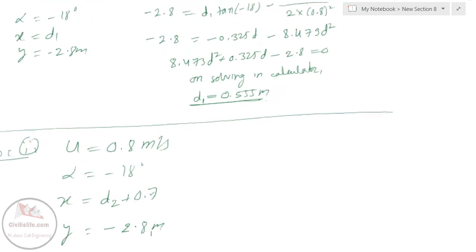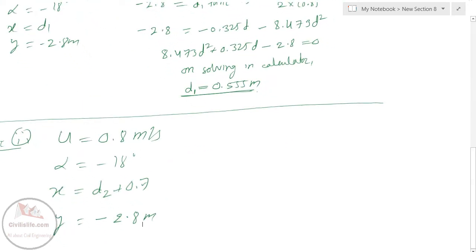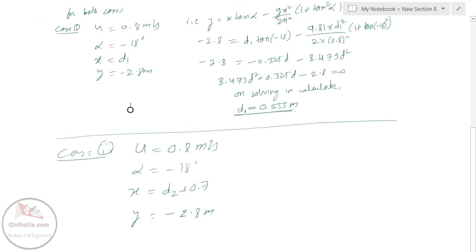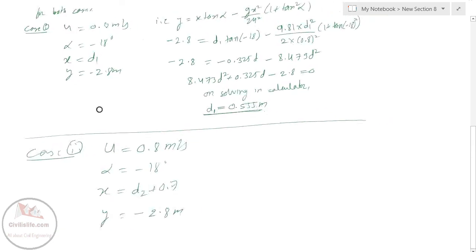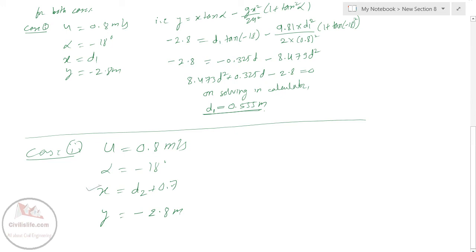As in case 1, here also the relation between x and y is known to us. So I can use the equation of trajectory, that is y equals x tan alpha minus g x square upon 2 u square times 1 plus tan square alpha.